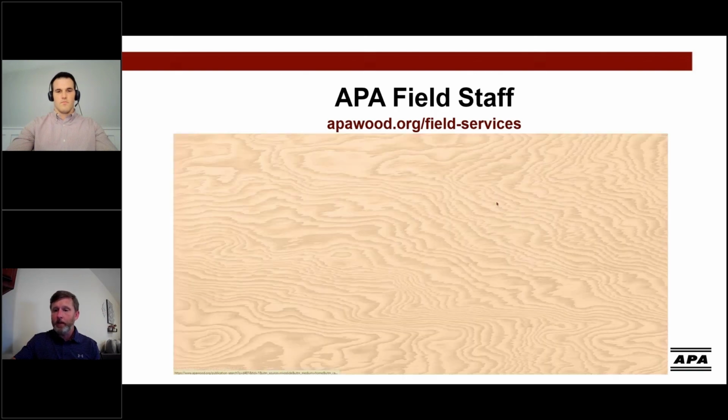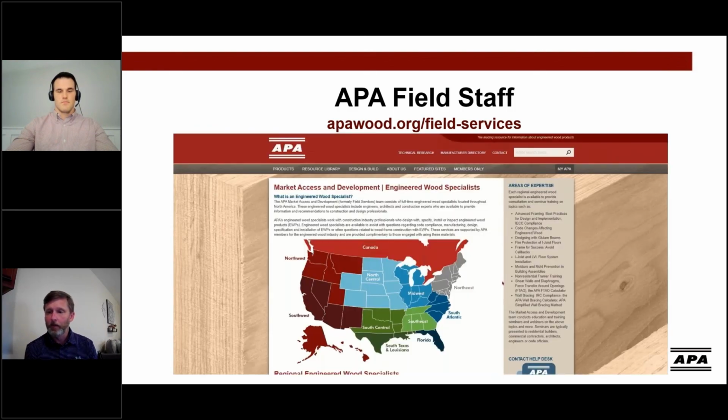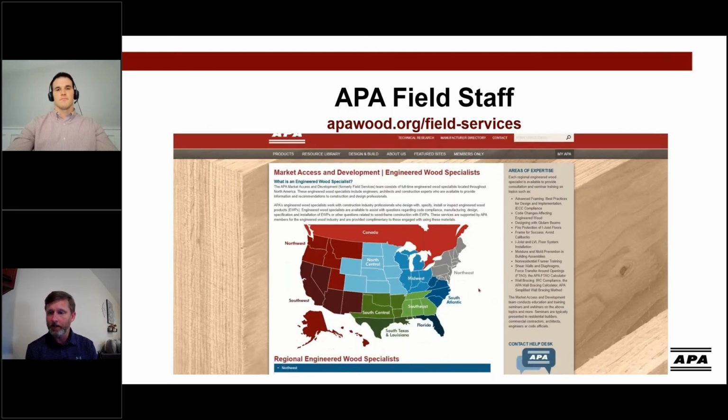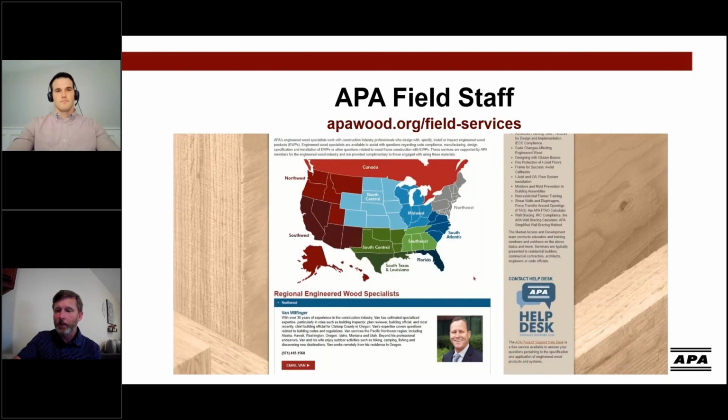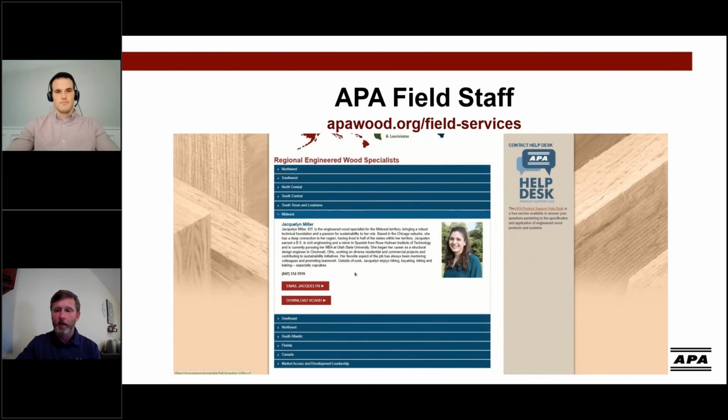To navigate this page, you can go to apawood.org, select Contacts at the top. This is going to take you to our main contact page. If you select the Learn More option under Market Access and Development, you'll navigate to our Engineered Wood Specialist page with a map showing the different territories where we have field staff. And by scrolling down, you can select the appropriate region and get the contact information for your local Engineered Wood Specialist.